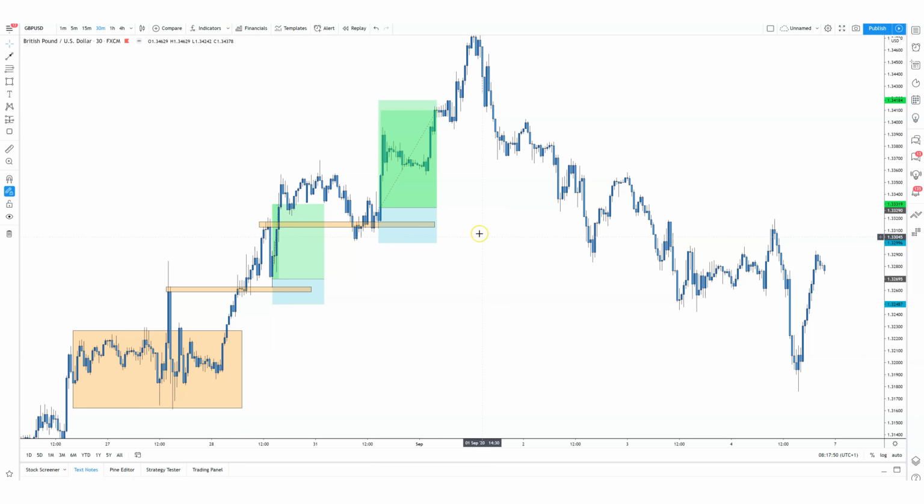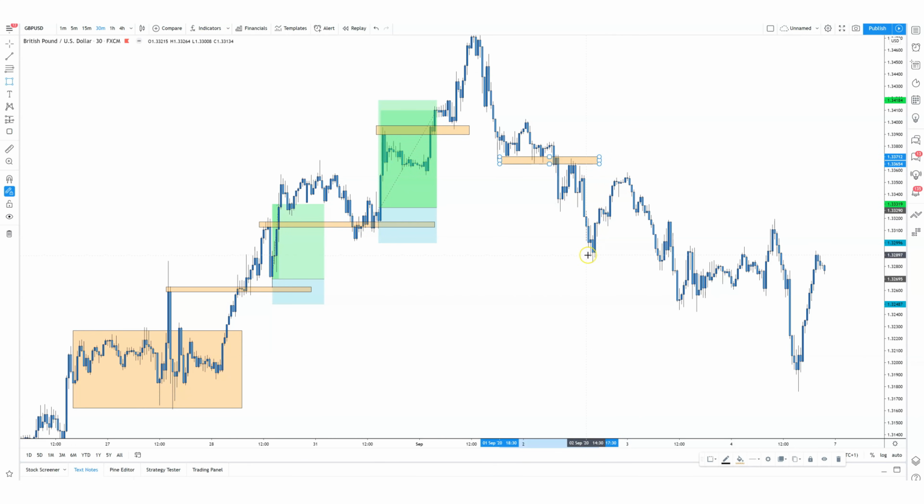Now, it happens all of the time, and as you'll continue to see, and as I highlight them here, we have another break of the structural high. We have another retest here, potential limit order for those that want to go for limits. We have another one here for those that want to go for engulfing candles or potentially stop orders.